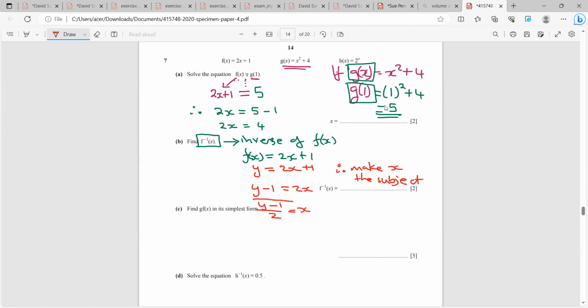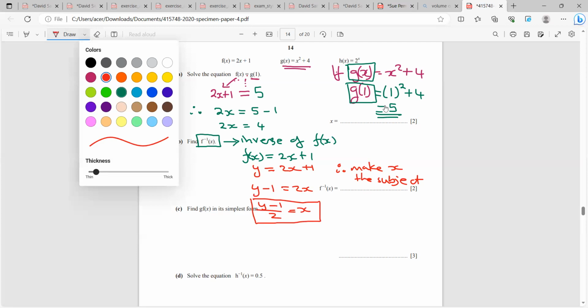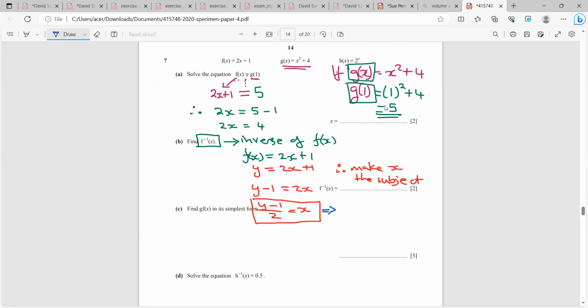So this is our answer after making x the subject. The last step when you're trying to find the inverse is you flip the what? The letters. You just interchange them. Your y becomes the x, your x becomes the y. So x minus 1 over 2 is equal to y. And this y is our inverse.